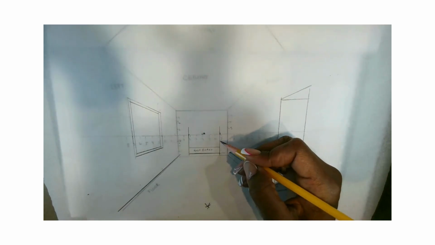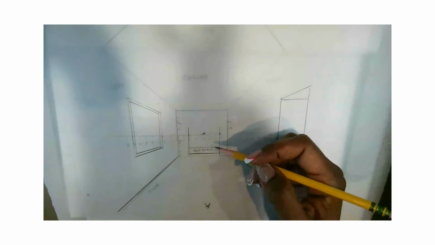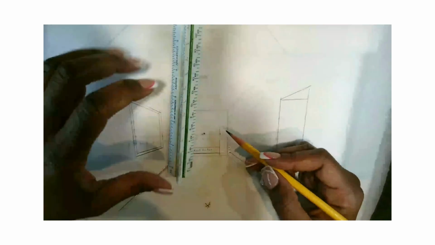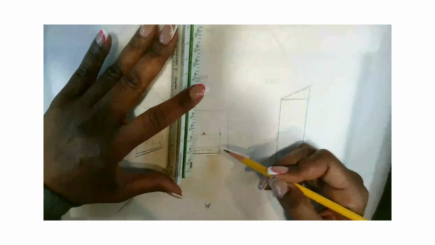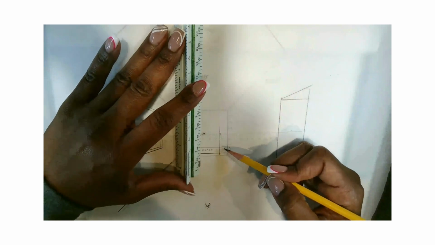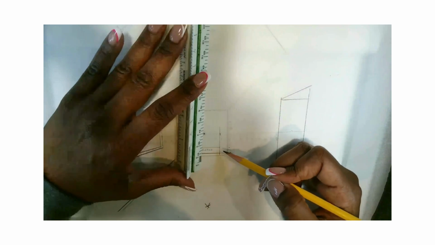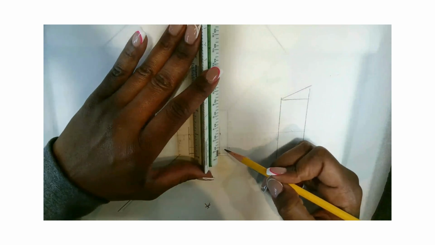So now we need to draw, what does the mattress look like? Again, remember, this is the elevation. So let's say our mattress has a thickness, but we're just going to account for what we see past the footboard.